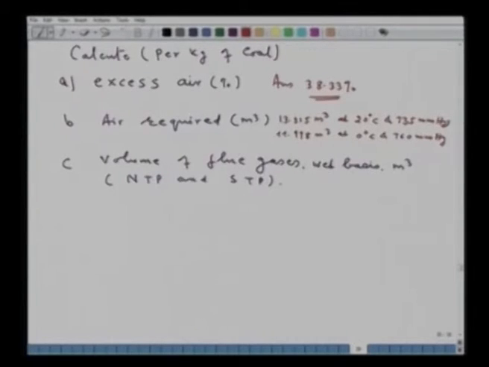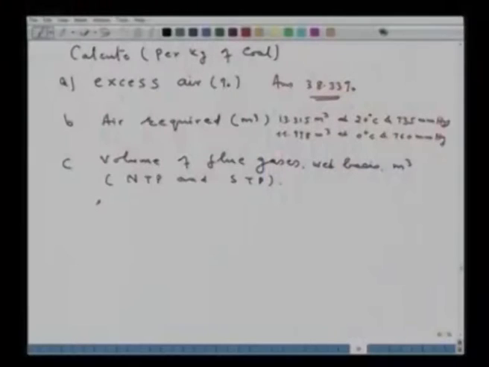Well, this is just a matter of conversion. Then you have to find out the volume of flue gases. Now, remember, the volume of flue gas, as I have said earlier also, is the dry volume plus H2O due to reaction between hydrogen and oxygen plus moisture of the fuel. If you perform this, the volume of the flue gas comes to 12.148 meter cube at 0 degree C and 760 millimeter mercury.